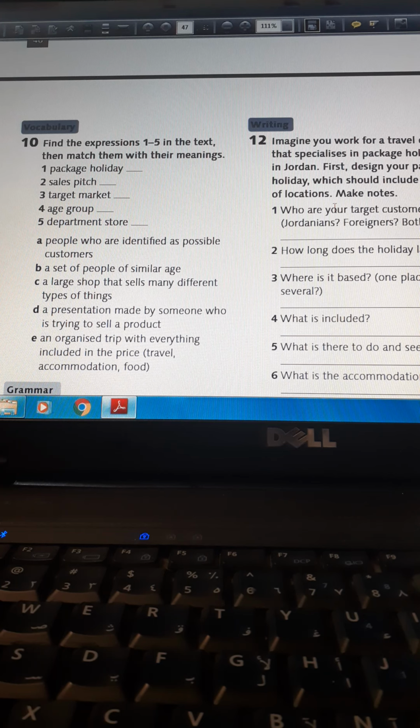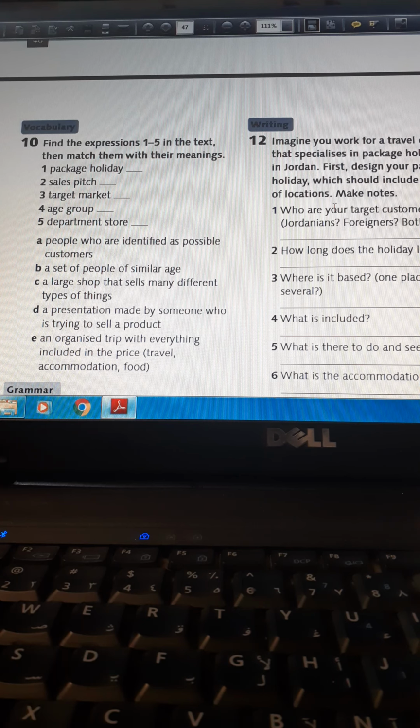The first expression is package holiday. Expression 2, sales pitch. Expression 3 is target market. Expression 4, age group. Expression 5, department store.